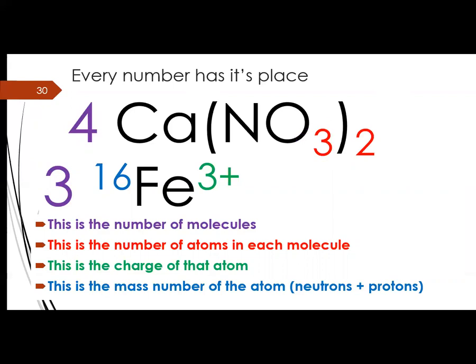So in this case, there's 3 of those oxygens. Numbers in front that are big, this 4 and this 3, they're telling us how many sets of that chemical formula we have. So in this case, this 4 here is not saying that we only have 4 calciums. It's actually saying that we have 4 of this entire grouping.